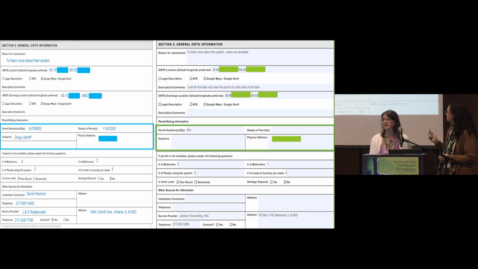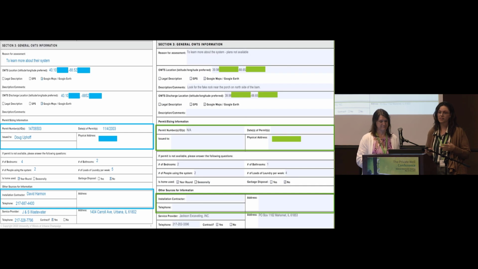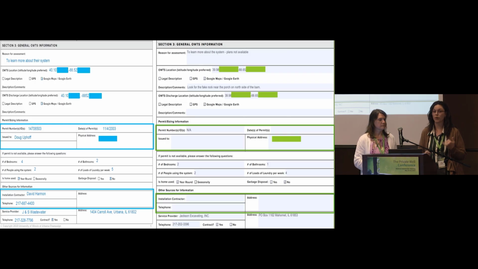And then I also had information like who installed the system that we were able to put. Whereas for System B, again, no permits. So we didn't have a permit number, didn't have a date of issuing that permit. And we also have no information on the installer contractor or any information on when it was actually installed.